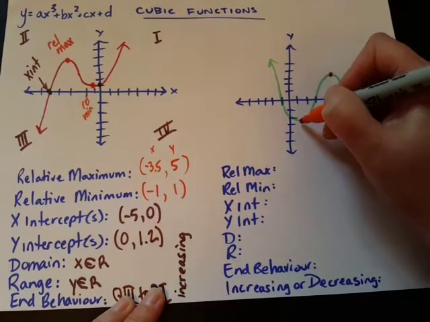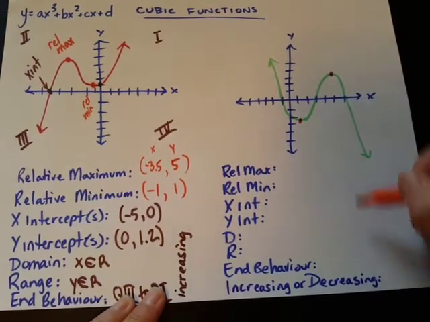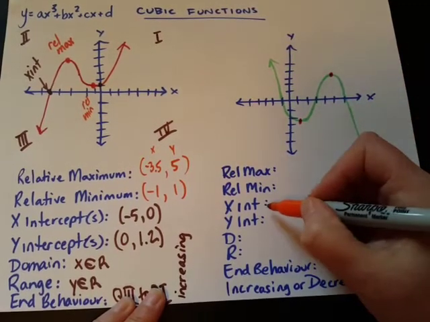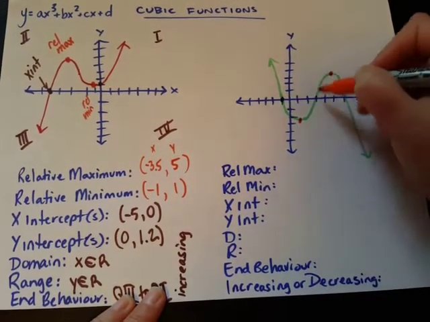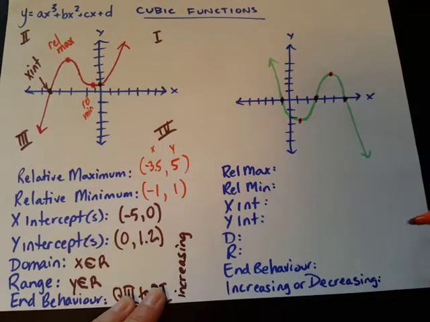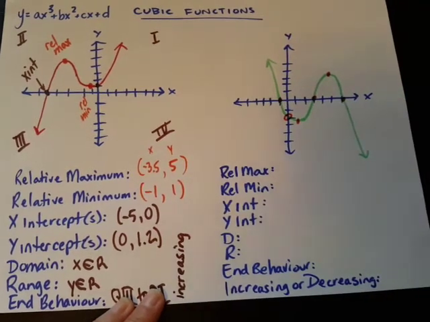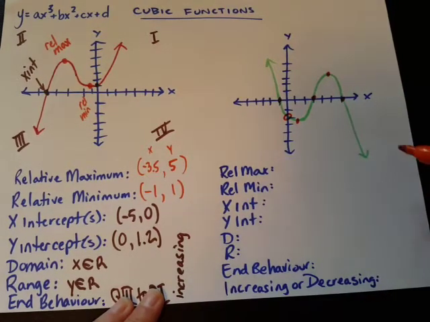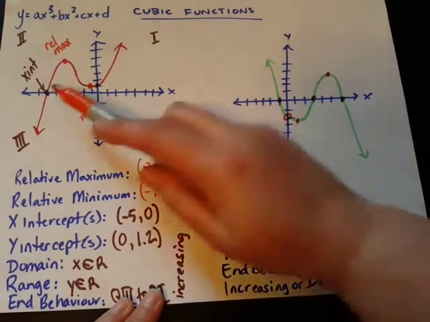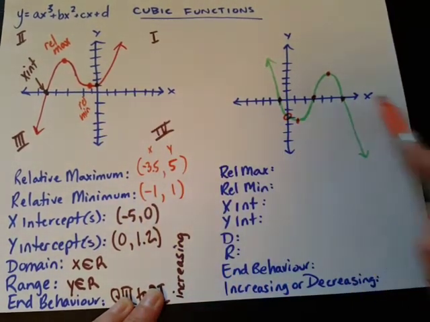You'll have a relative minimum, a low point on one of the hills. In this case here, we have 3 x intercepts, and we have 1 y intercept. So it's possible to have a single x intercept or 3.